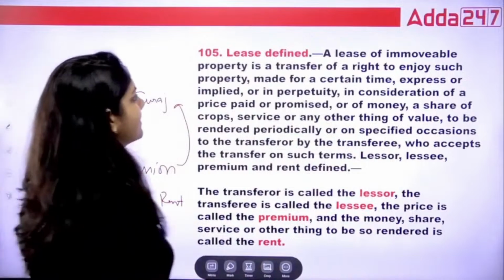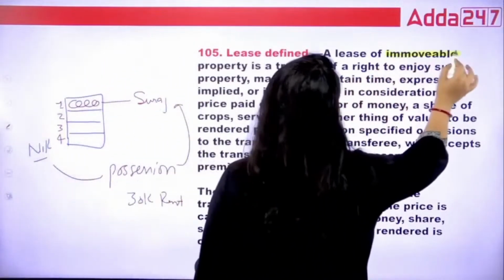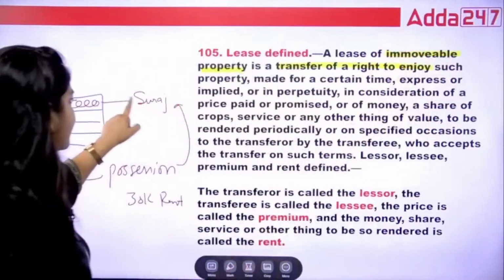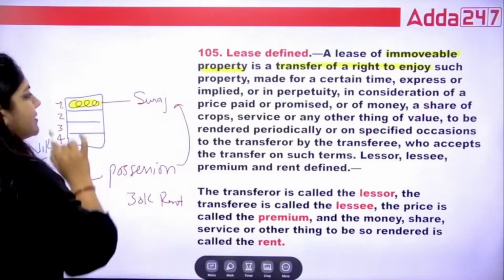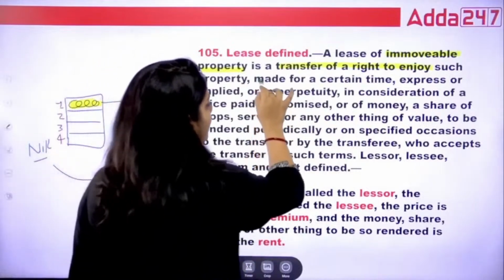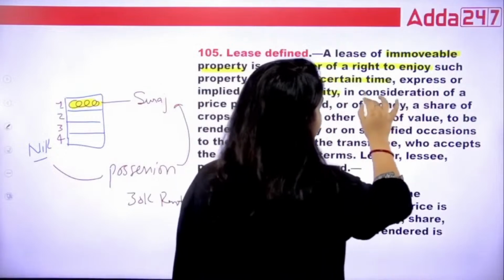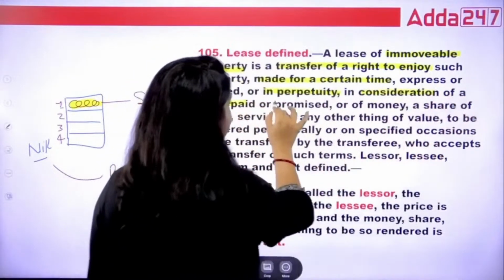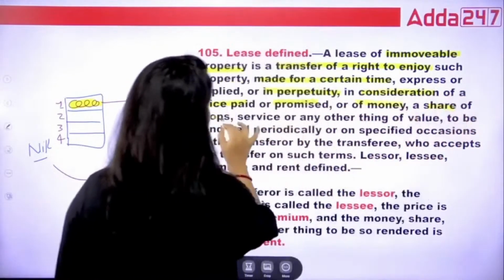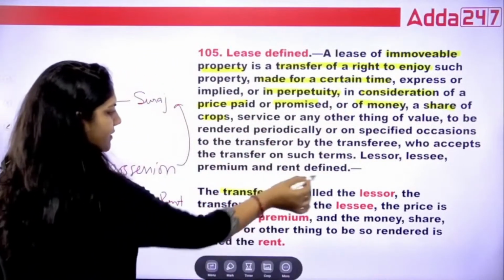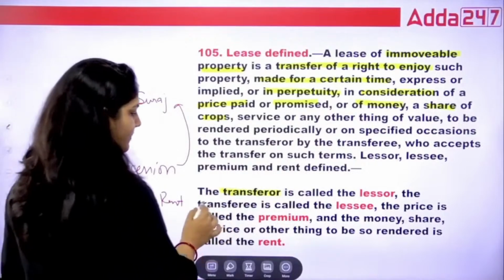So lease of immovable property is a transfer of the right to enjoy. Suraj sir can enjoy my property, made for a certain period, express or implied, in perpetuity, in consideration of the price paid, promised, money, or share of crops, etc. The transferor, Nikita ma'am, is the lessor.